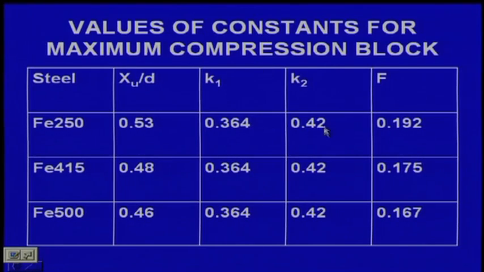Similarly, K2 also same 0.42 for all the cases, and F that is 0.192, 0.175 and 0.167, for different steel we are getting different limiting value. We should at least note down 0.175.